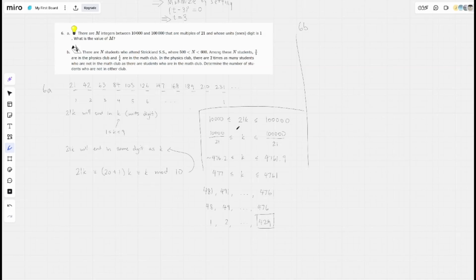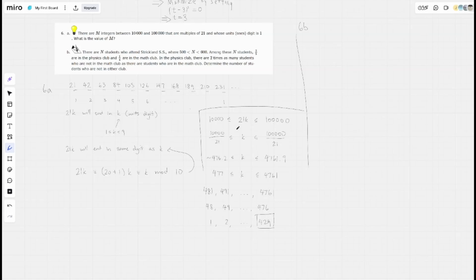There are n students at some school where n is between 500 and 600, and 2/5 of them are in the physics club, 1/4 of them are in the math club, and then we have some relations between students that are in one club but not the other, and so on.